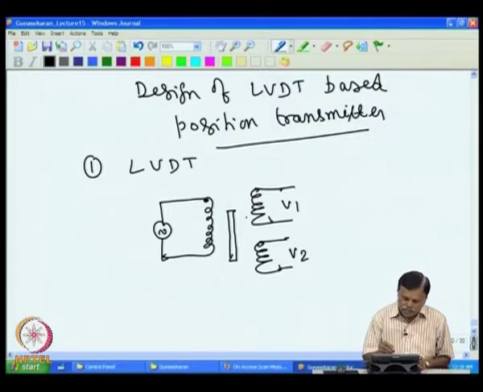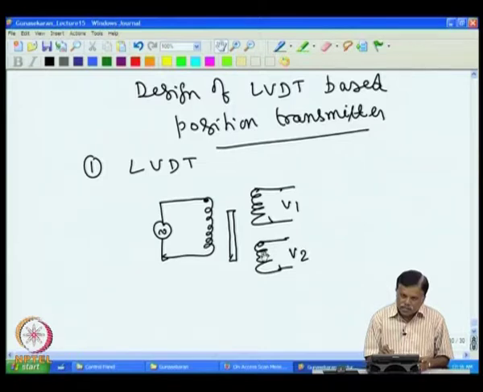Now, if this core is in the middle, linking half of this coil and the other half of this coil, then these voltages V1 and V2 will be equal. In case the core moves up and occupies more of this coil and less of this coil, then you will have V1 more and V2 less. Similarly, if the core moves downwards, then it will have V2 more and V1 less.